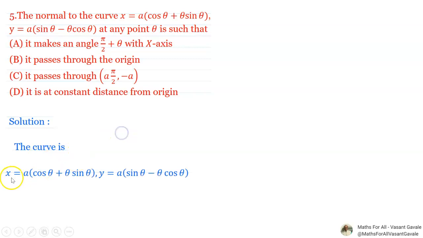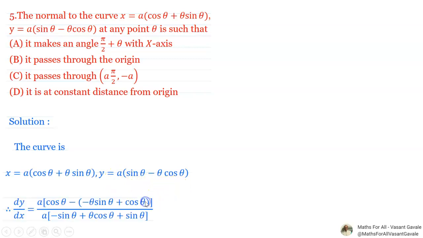The curve is x equals a times (cos theta plus theta into sin theta), y equals a (sin theta minus theta into cos theta). Differentiate this with respect to theta. This is a parametric differentiation. Then you will have dy by dx equals a times (cos theta minus (minus theta into sin theta plus cos theta)), differentiating, divided by the derivative with respect to theta of x, which is minus sin theta, and applying the product rule, theta into cos theta plus sin theta.